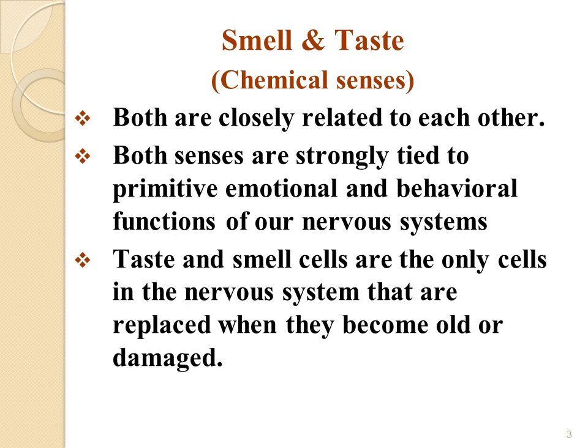Other nervous system cells cannot be replaced; when they die, they are not replaced by another. But in the senses of taste and smell, these are the only cells that can be replaced when they are damaged or old.